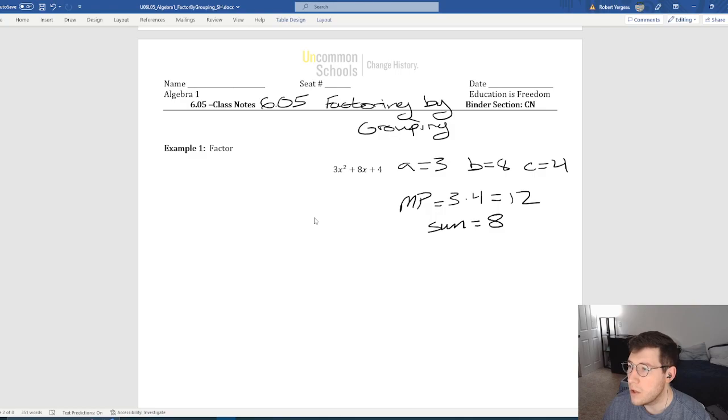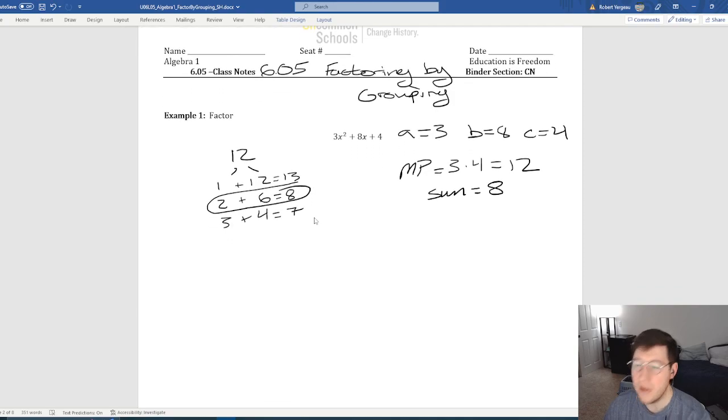Okay, and so now I know both of these are positive, so I'm just looking for positive factors. That's nice and easy. And so let's look at the factors of 12. 1, 12, 2, 6, 3, 4. Adding across, I got 13, 8, 7. I can see that I need to be selecting 2 and 6.